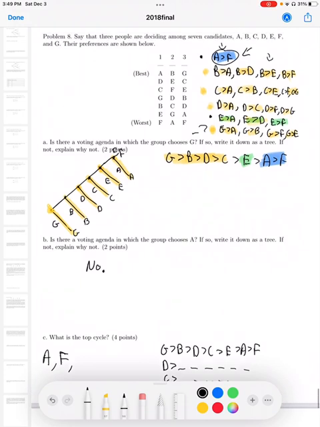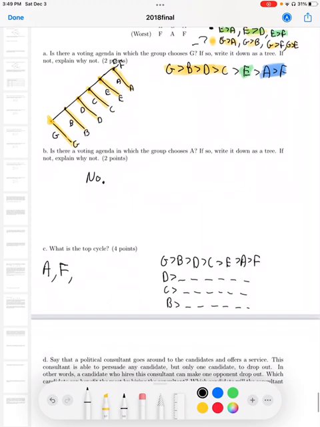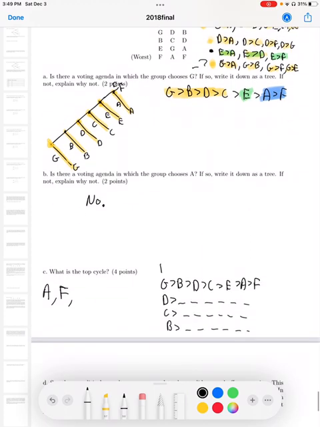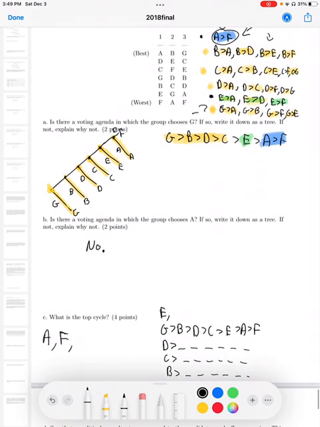Now the last one, which was E, we could go ahead and write down the game to see if it actually dominates all the others. So let's do that. So E, let's see. We don't want to start off with A since A doesn't dominate anything. And we don't want to do F either since F doesn't dominate anything else.